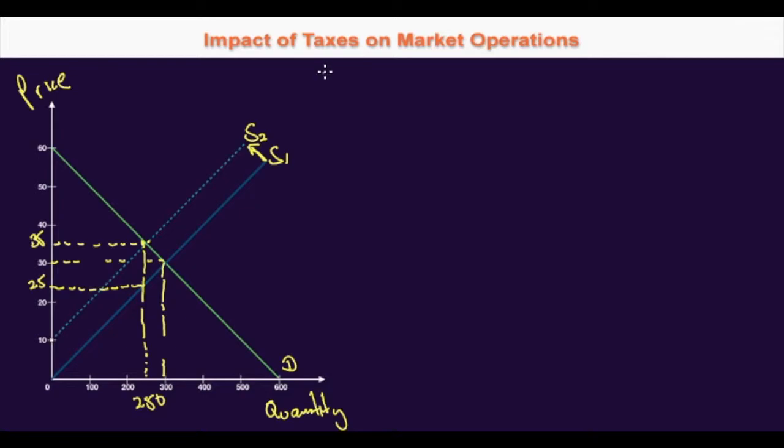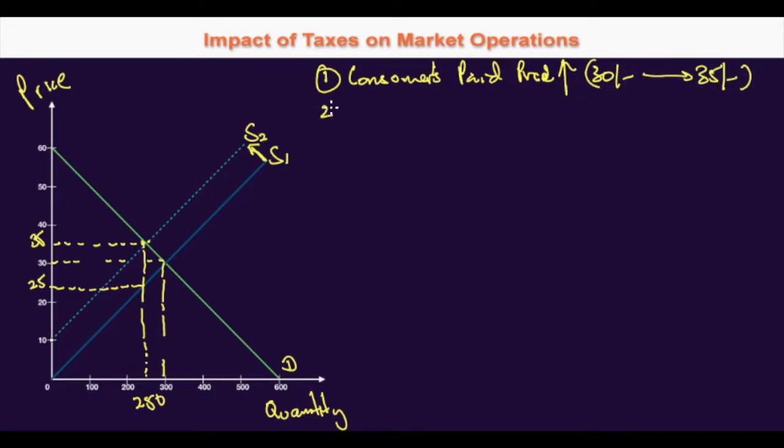The first one is an increase in consumers' paid price. Consumers' paid price would actually increase from 30 rupees to 35 rupees.